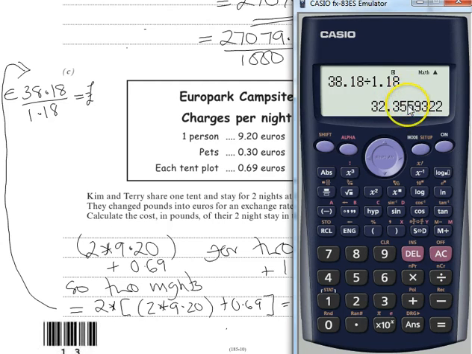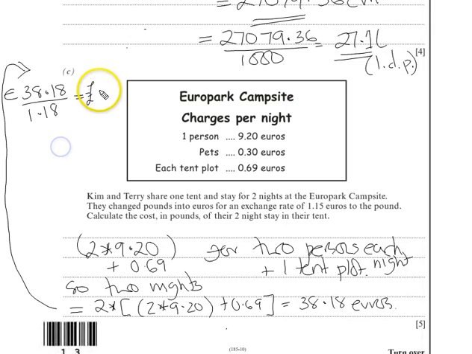We're doing it to 2dp because that's the nearest penny. That third digit is 5, isn't it? So you'd need to round up the other 5 here to a 6. So it's 32.36 pounds. So it's £32.36. That's what I reckon it is.